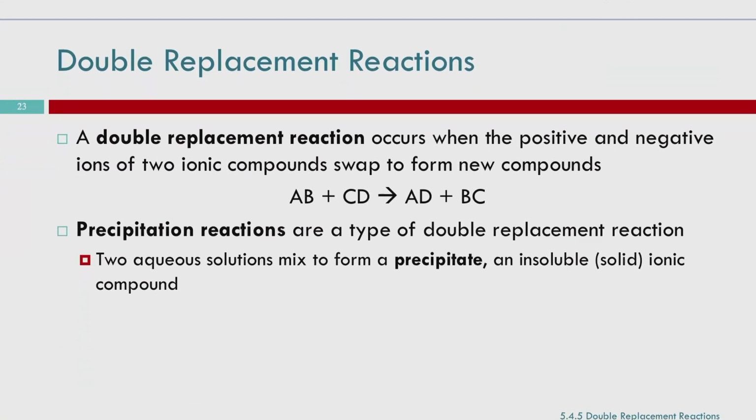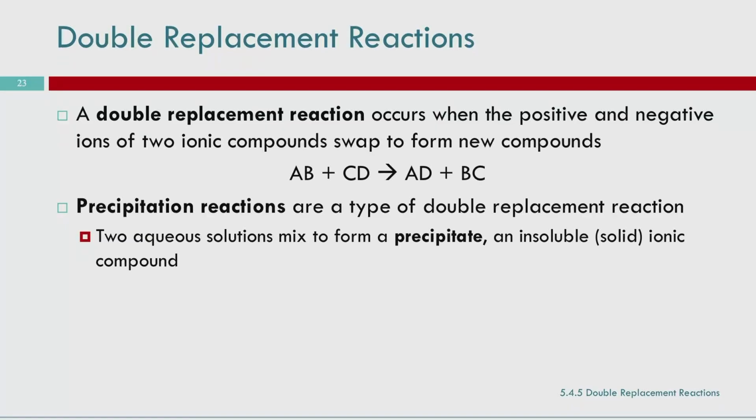In double replacement reactions, we've seen these before. These were the other type of balancing equation. In double replacement reactions, we've got positive and negative ions, and they can swap to form new ions. So B and D, in this example, swap places. So instead of AB, we've got AD.